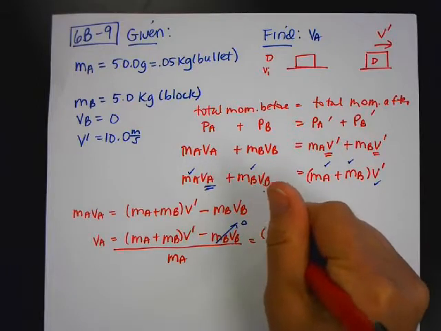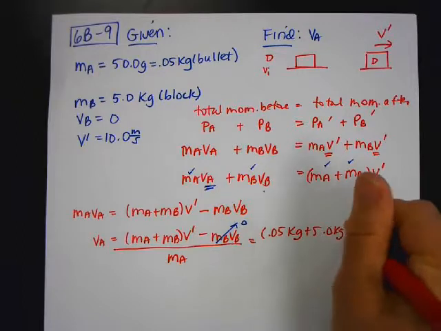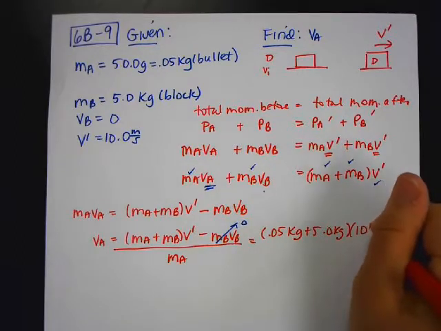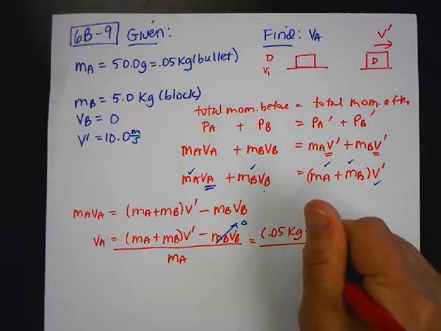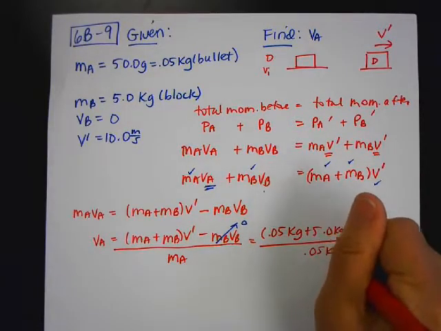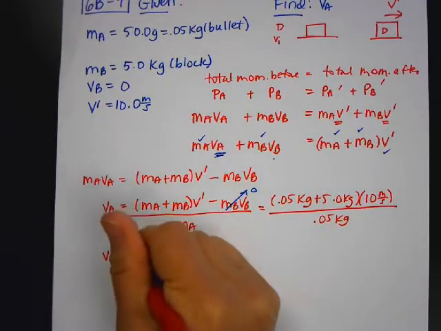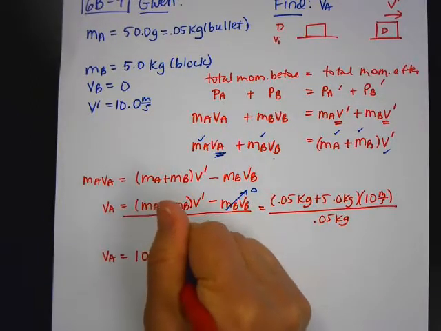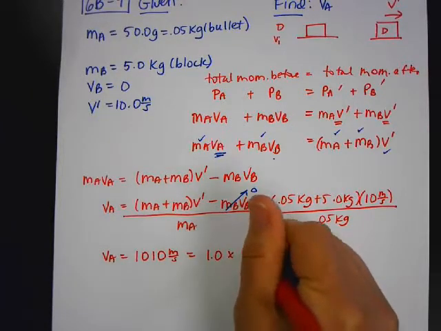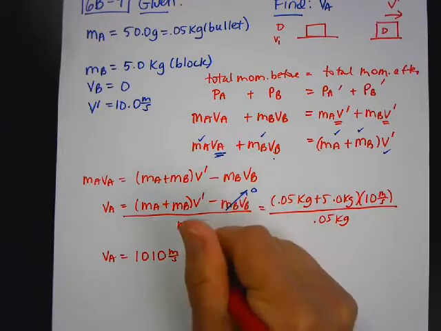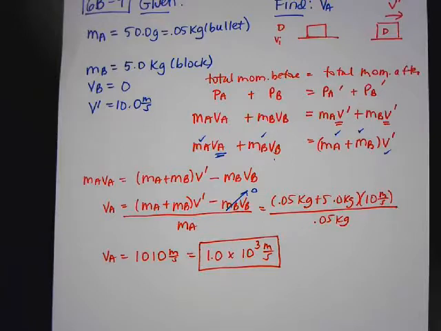It's going to be 0.05 kilograms plus 5 kilograms times 10 meters per second, divided by the mass of the bullet, which was 0.05. When I do this on my calculator, VA comes out to be 1010 meters per second, and in correct significant figures, I would just say 1 times 10 to the 3, which is what you have in parentheses on your problem sheet.